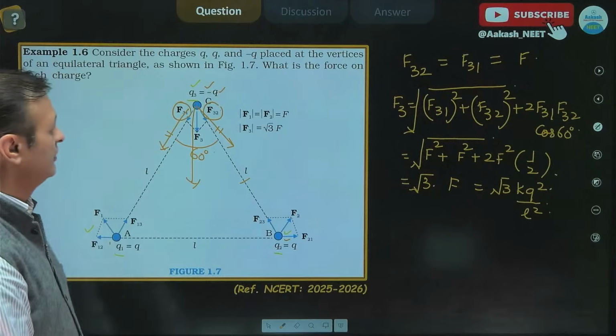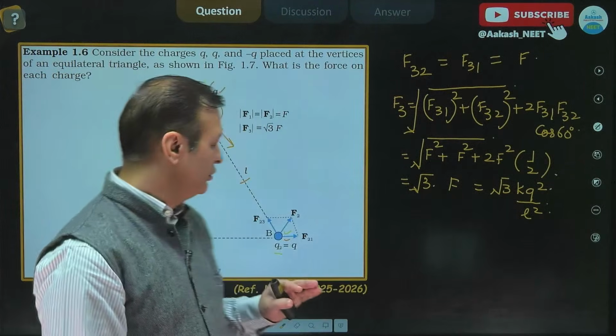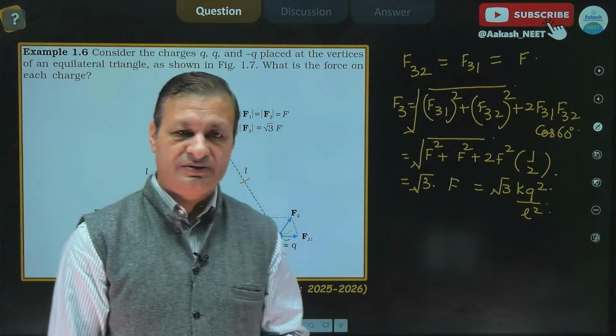So this is the resultant force experienced by the charge placed at C due to the other two charges.